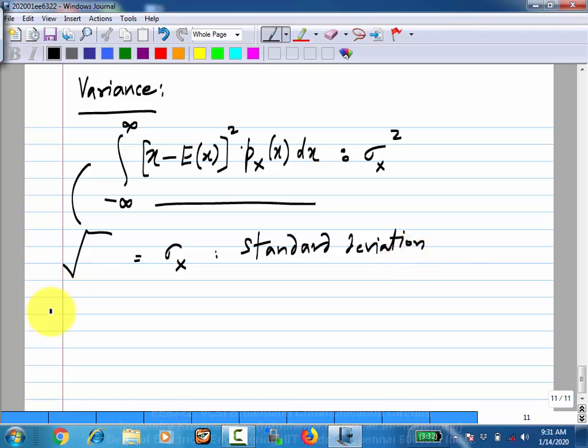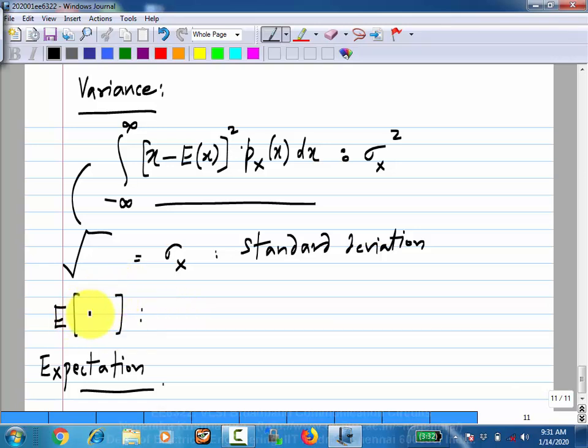And like I mentioned earlier, this expectation is basically an operator that you will come across very frequently when you deal with random variables and random processes and so on. What does this mean?